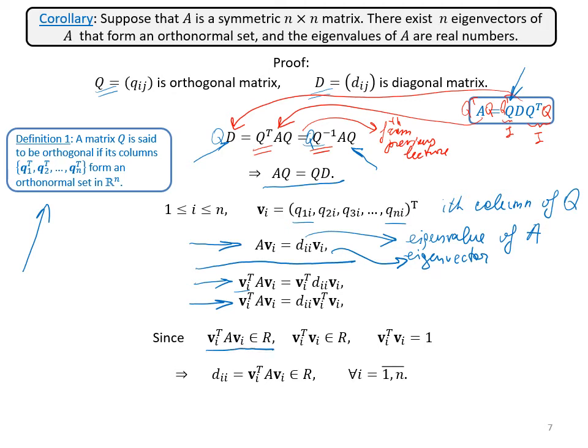First, this is a real number, and second, this is also a real number. And moreover, the product of these two vectors equals 1. So our eigenvalue dii equals this product, which immediately implies that it's a real number, as well for each i between 1 and n. So the theorem is proved.